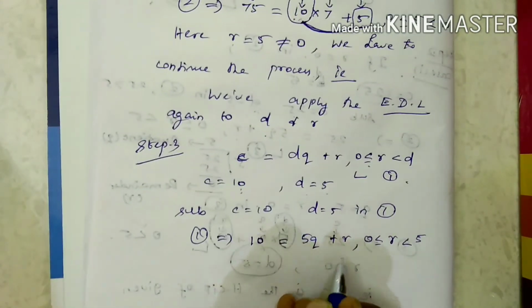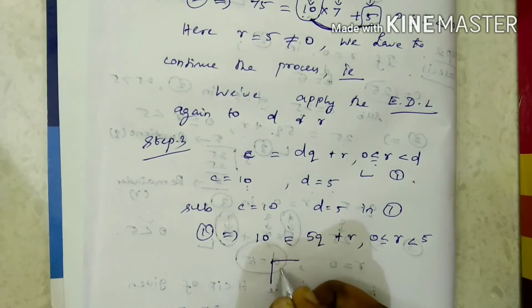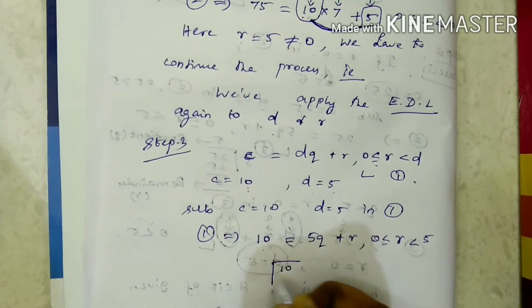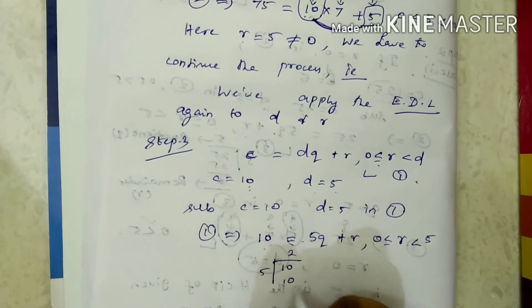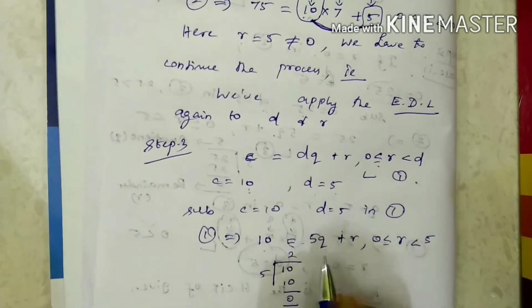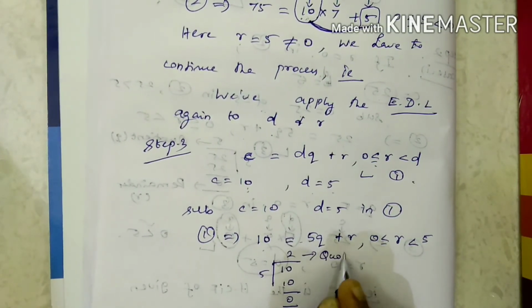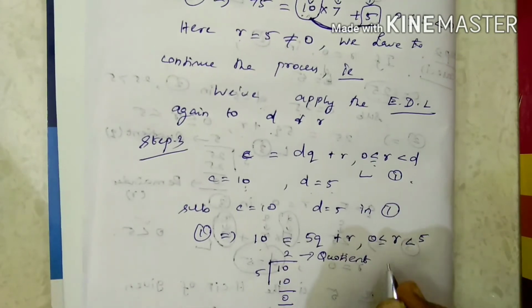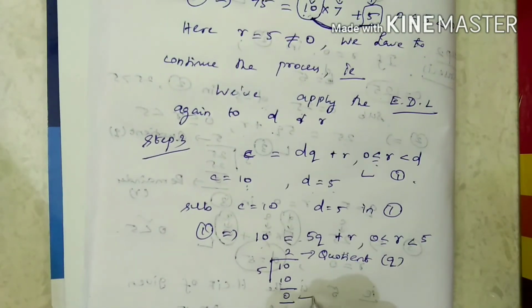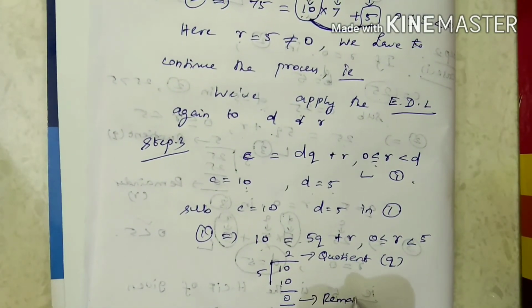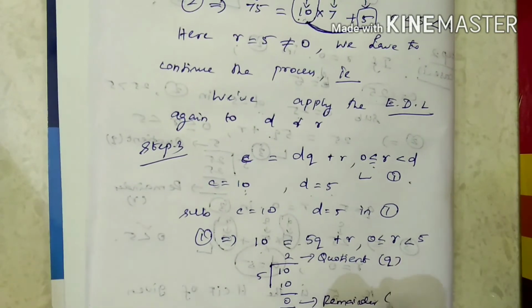To find the values of q and r, we divide 10 by 5. 5 twos are 10, and we get the remainder as 0. So 2 is the quotient, which becomes the value of q, and the remainder 0 becomes the value of r.